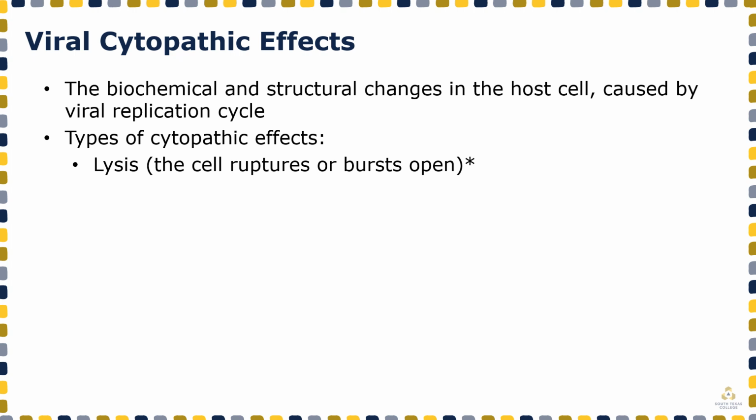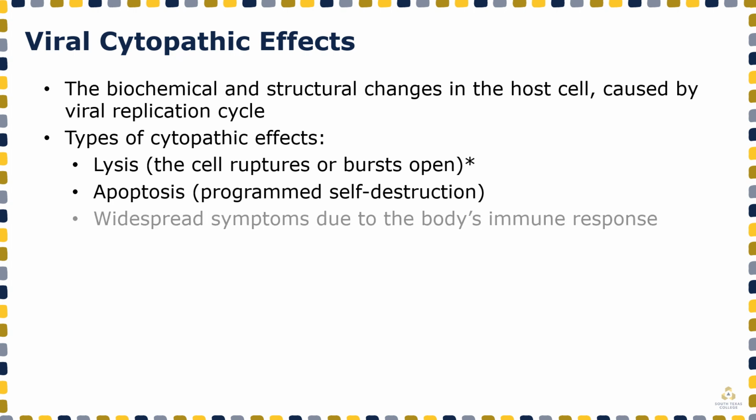Some host cells, upon recognizing they've been infected, will activate some self-destruction genes called apoptosis. We've seen this before. And then there can be widespread effects due to the body's immune system response to try to isolate and lessen the effect of the viral reproduction.